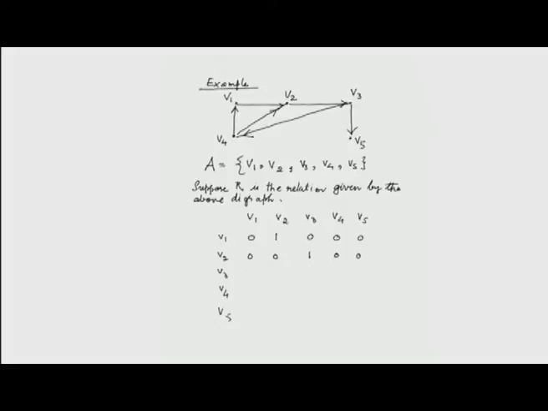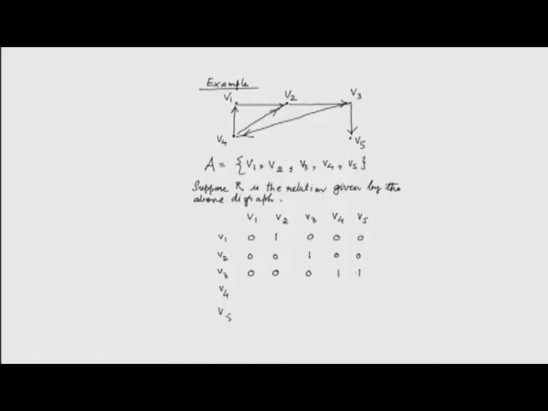V3 is not related to V1, so I put a 0 over here. V3 is not related to V2, I put a 0 over here. V3 is not related to itself, so I put a 0 here, but V3 is related to V4, therefore, I will put a 1 over here, and V3 is related to V5, so I put a 1 over here again.